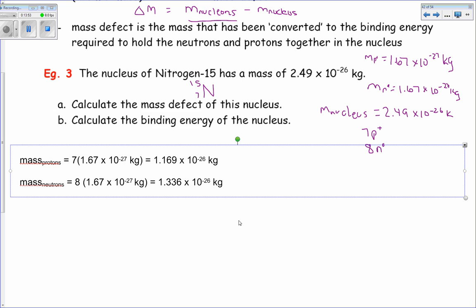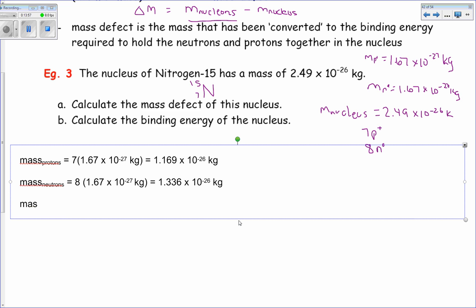Now, you could have done this too, right? Because what I'm going to do now is I'm going to go mass of the nucleons. Okay, which is equal to mass of the protons plus mass of the neutrons, which is equal to the sum of those two numbers that I just found.